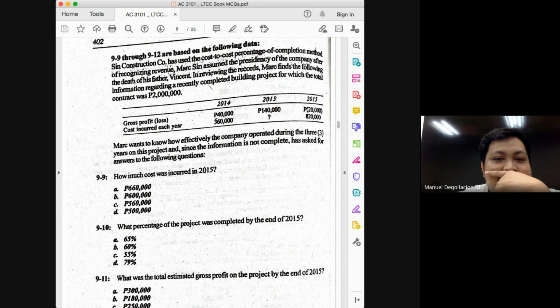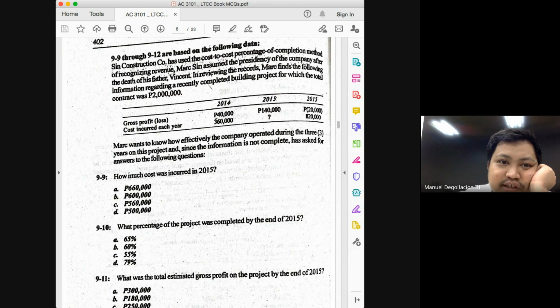So, cost incurred in year one. What do we do with this one? You need to solve for the percentage of completion, class. Are we given the contract price? Yes, 2 million. So the question now is, to answer 9-9, you need to solve for the percentage of completion that will result in an RGP of 140 in 2015.